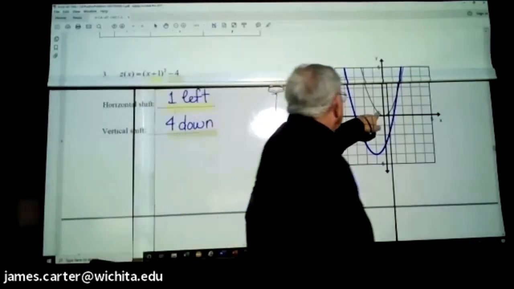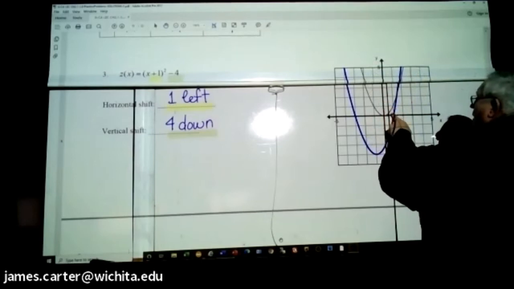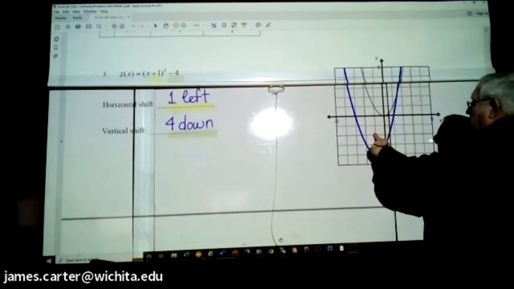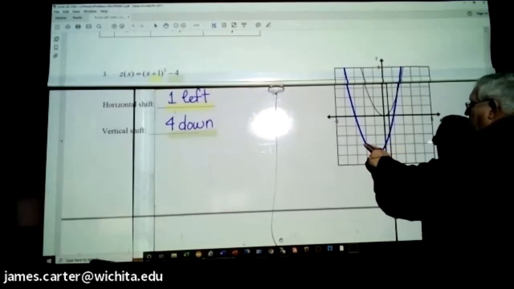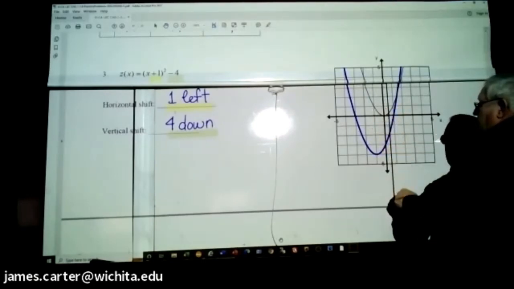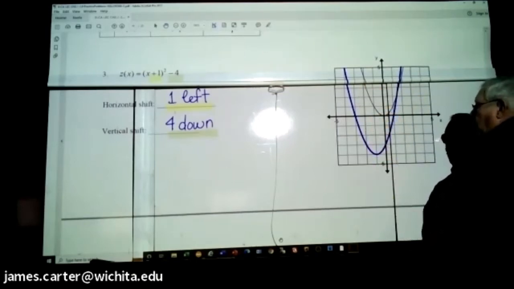Okay, so here's our graph of f of x, and we go 1 to the left, and down 1, 2, 3, 4. Okay, notice this points up 1 over 1, left 1 over up 1. Just like here, it was right 1 up 1, left 1 up 1. Same shape, just transferred over and down.